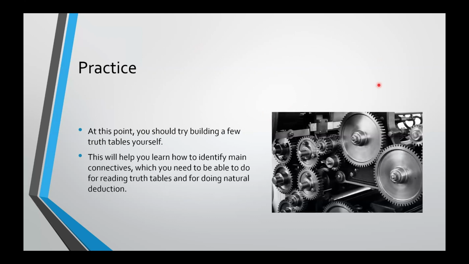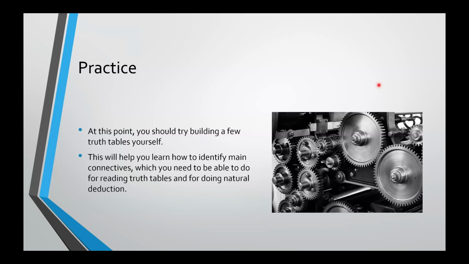Okay, at this point, what you should do is build a few truth tables yourself. In this course, we don't have a really big focus on building truth tables by hand because it's a fairly simple algorithm and it's really boring. The thing is, though, the procedure of going through and building the truth tables yourself helps you learn how to identify main connectives, and to pick out the main connectives of sentences and also the main connectives of the components of sentences, right?